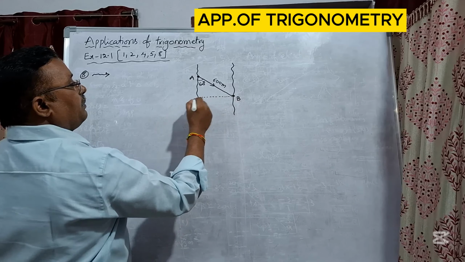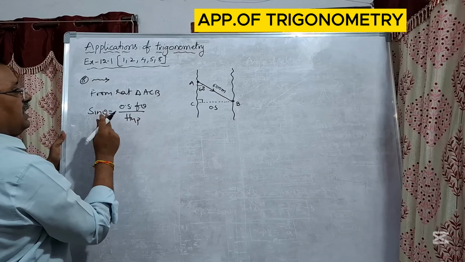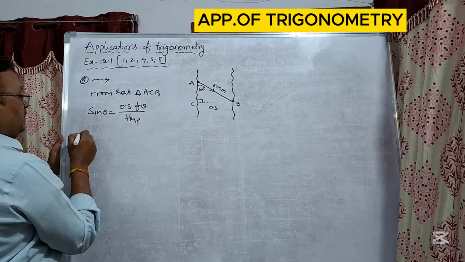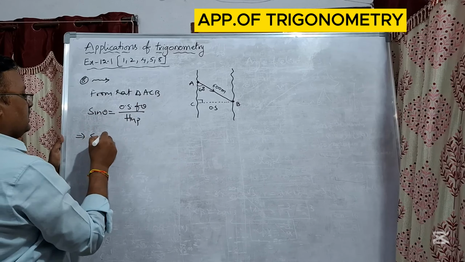So obviously we have only one choice, that is sine theta, which is opposite side of theta by hypotenuse, using the given data and requirement. This implies sine 60 degrees equals opposite side BC, that is the width of the river, by hypotenuse AB.